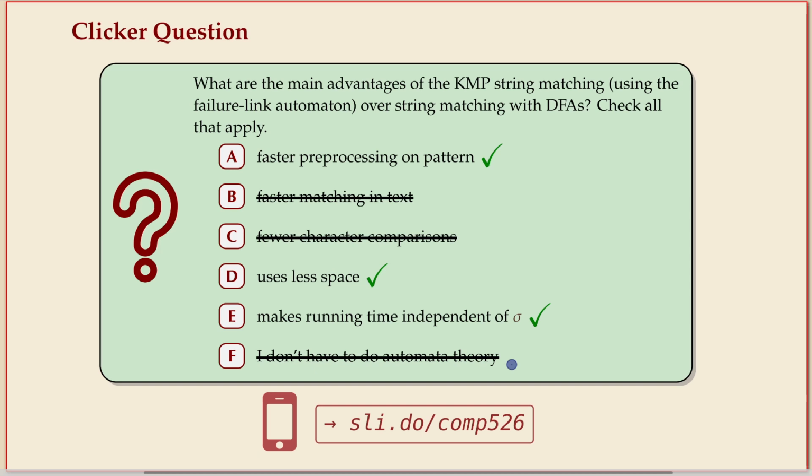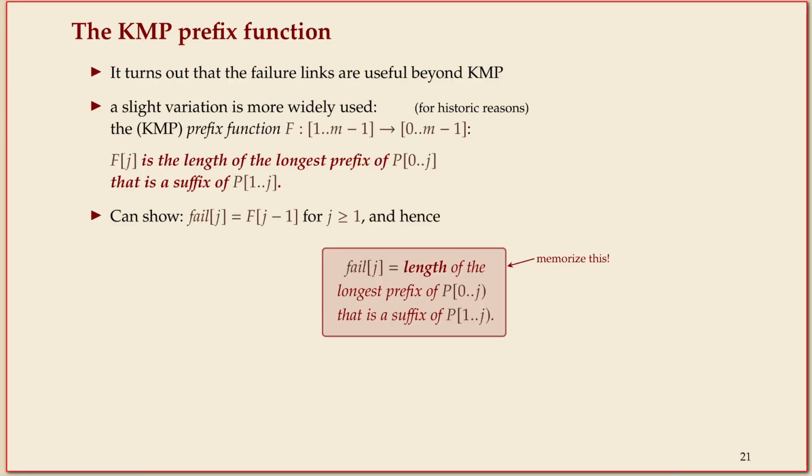Depends on your liking. One last part that belongs into the KMP section is a remark that this prefix function, the failure links, this fail array, is actually much more versatile than just doing what we've done, string matching with it.